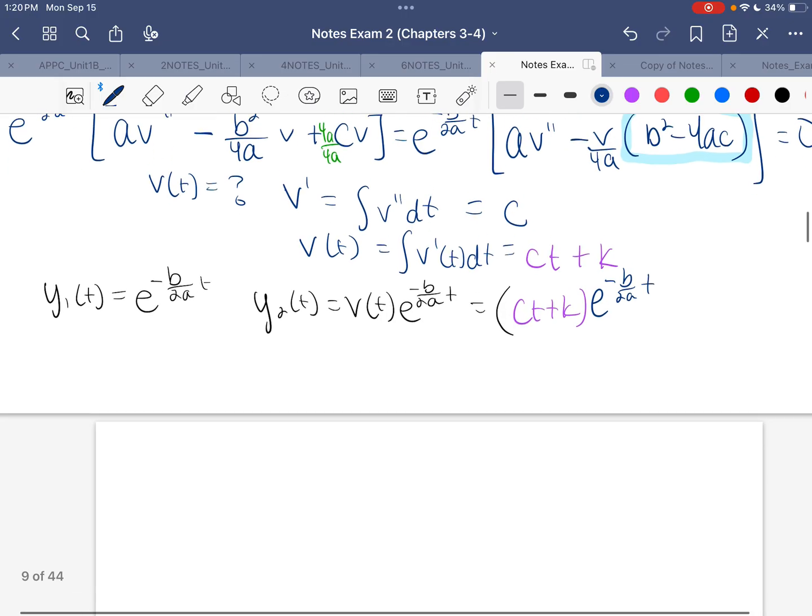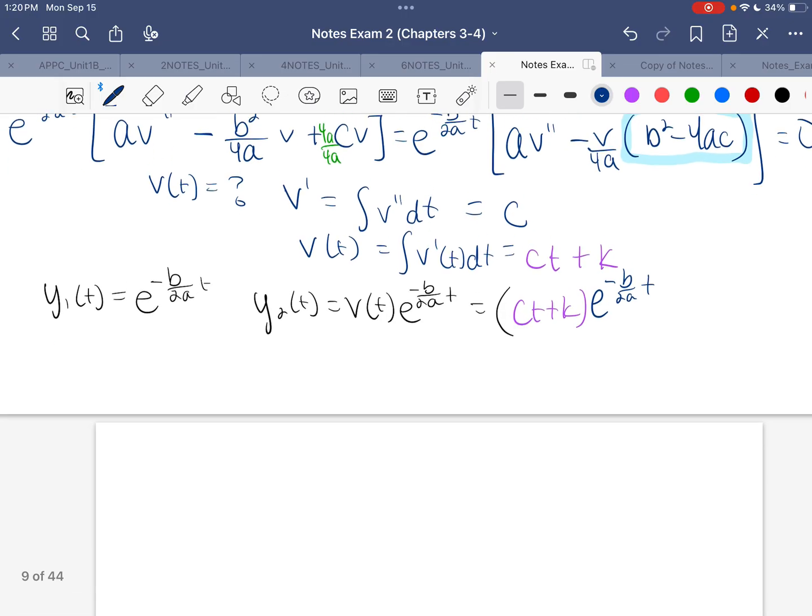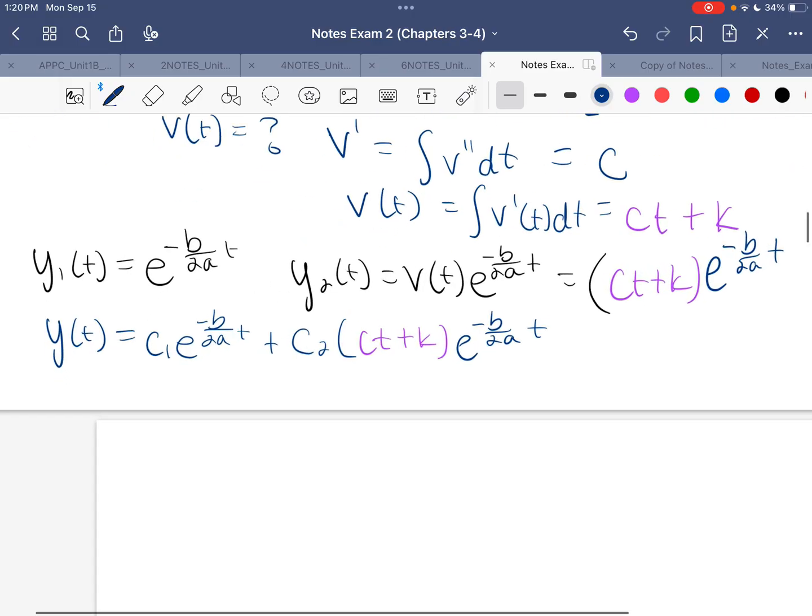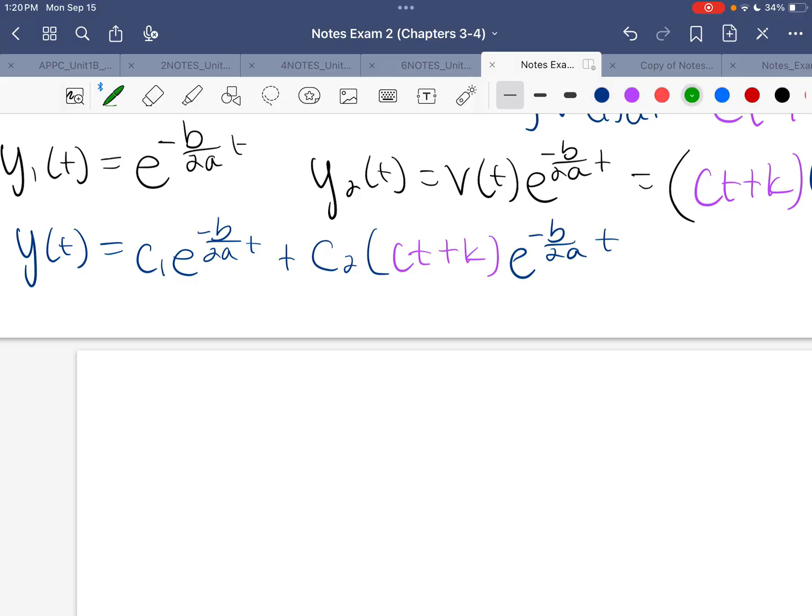So let's plug it into the general form. Okay, think about what this is going to simplify to be.